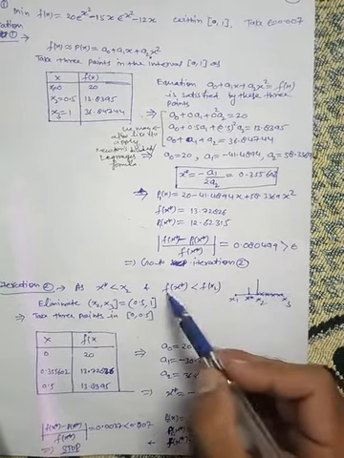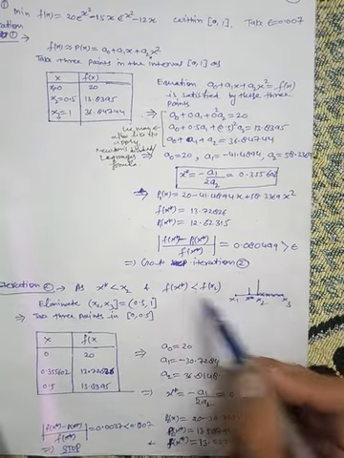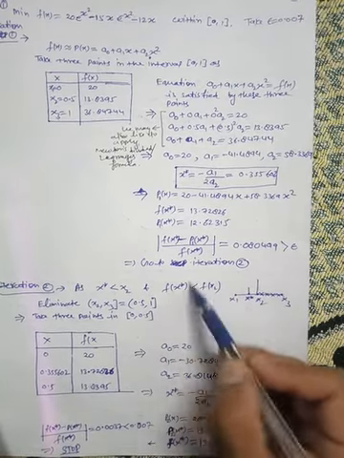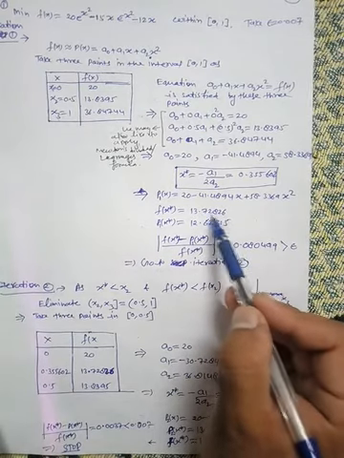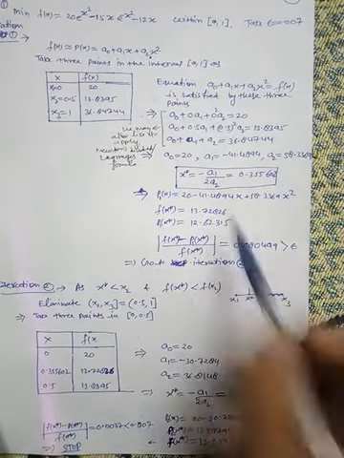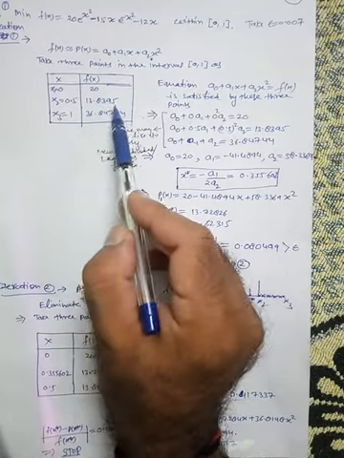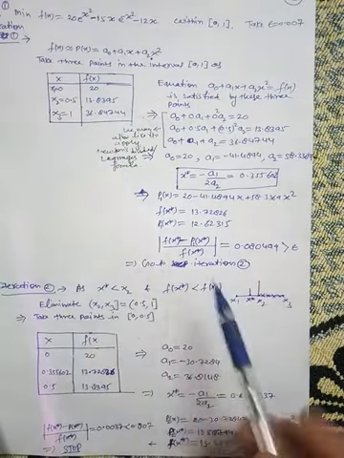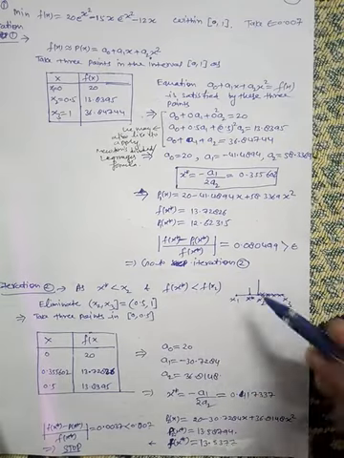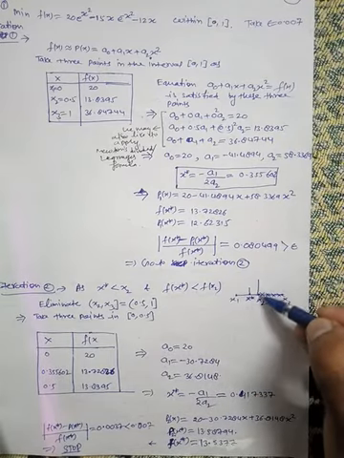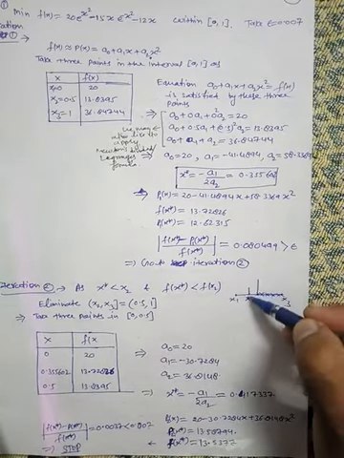Now find out the functional value f of x star and f of x2. What is f of x star? F of x star is 13.72826 and f of x2 is 13.8395. When you compare, you will see that we have f of x star is less than f of x2. That means this value is higher than f of x star.